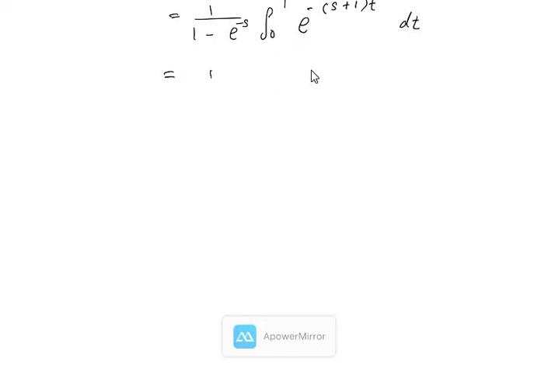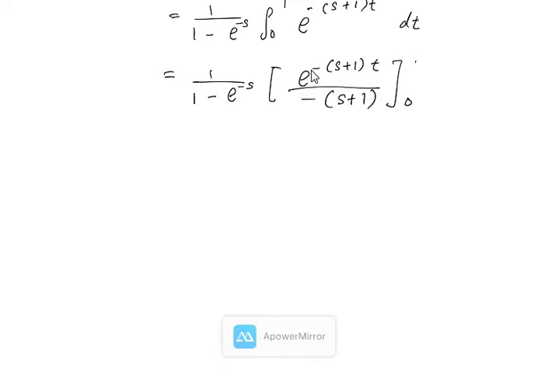and this is equivalent to 1 over 1 minus e to the power negative s. Okay, you integrate the exponent, you get e to the power negative (s plus 1)t divided by negative (s plus 1), integrated from 0 to 1, so the limit is 0 to 1.